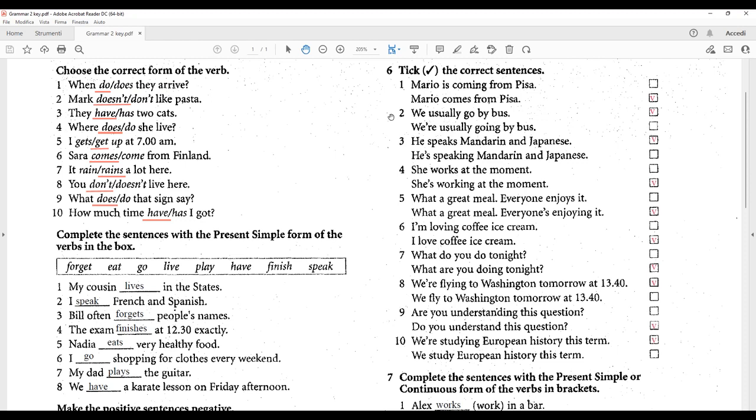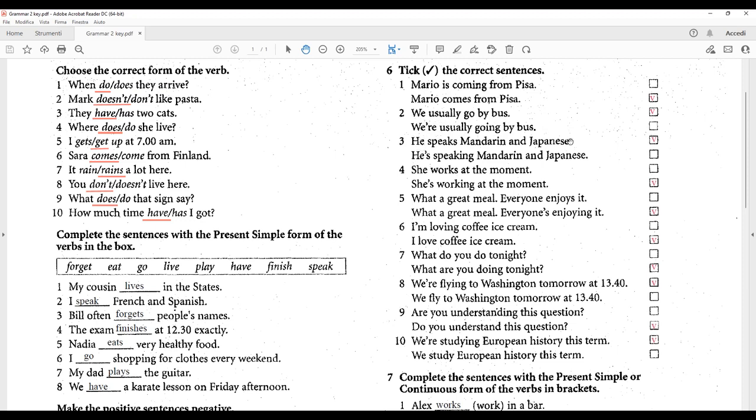Well, if it is a routine, usually, right, it cannot be possible to use a present continuous, because present continuous refers to the moment, an action happening right now at the moment. So at the moment and usually conflict. So we usually go by bus, present simple, go. We usually go, not we are usually going. We are going by bus now, not usually. We usually go by bus.